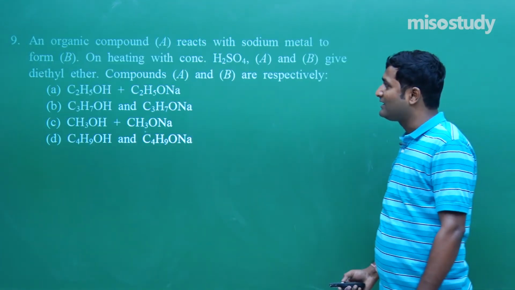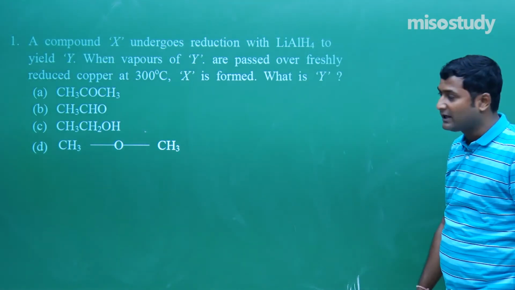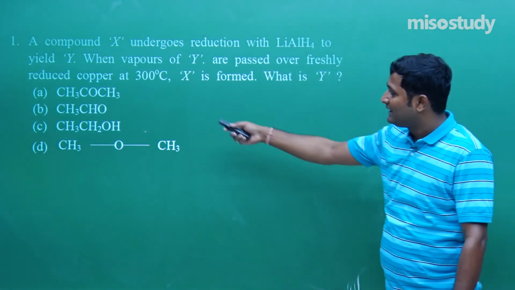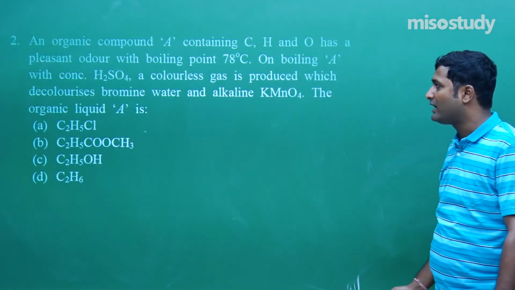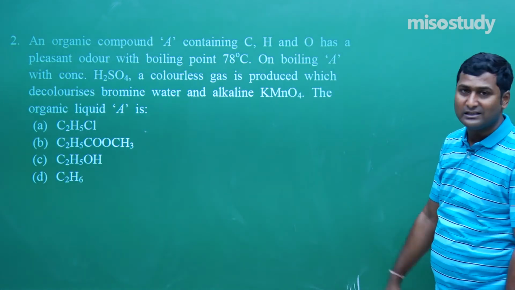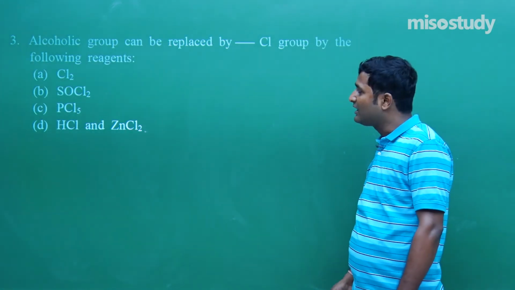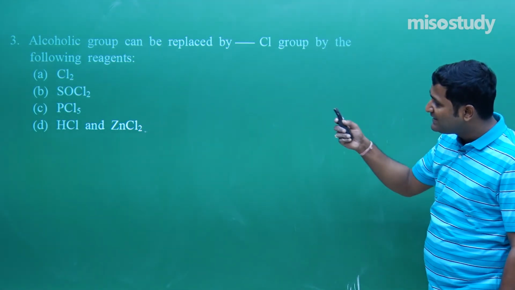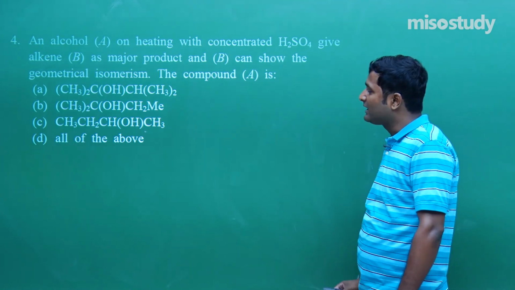So we'll revise the things again. Look at question number 1, what is the correct option? Sir, it's very simple. The option is C, CH3CH2OH. For question number 2, what is the correct option? Sir, the correct option is C, C2H5OH. For question number 3, what is the correct option? Sir, B, C and D. Clear? For question number 4, what is the correct option?